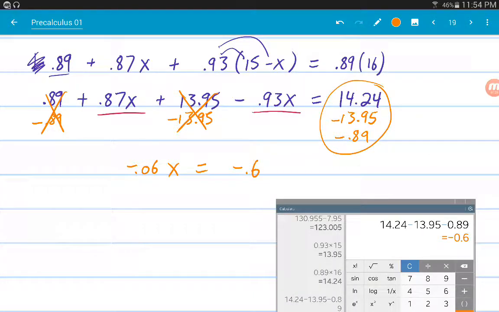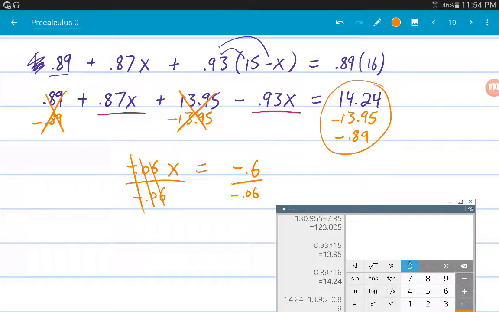So if I divide both sides by negative 0.06, then I've got the x all by itself.